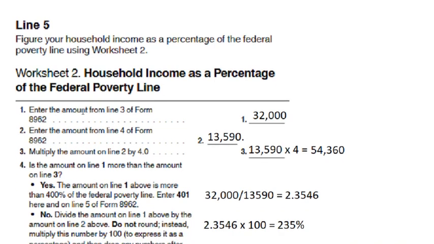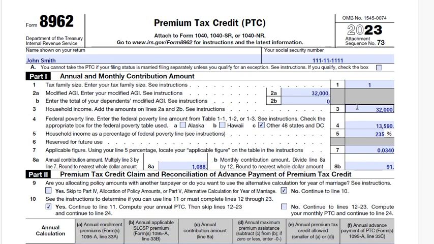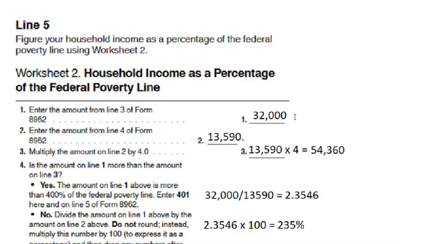We need to complete this worksheet here. Get the amount from line 3 of Form 8962. Form 8962, line 3 is $32,000. So we have $32,000.